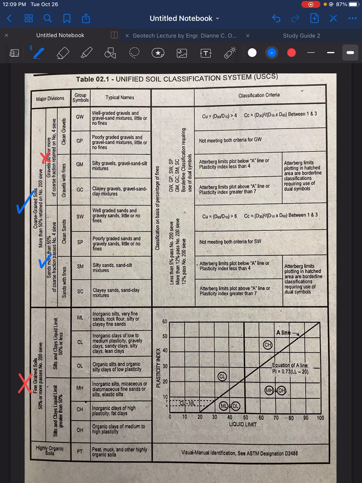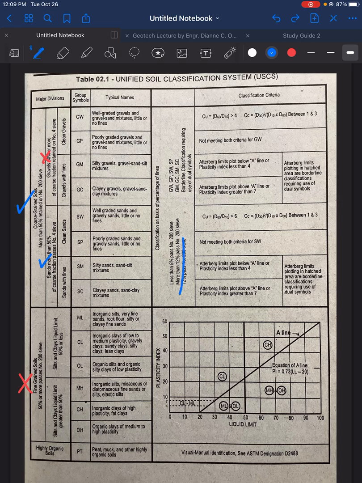Therefore, what's left here is to choose between these four classifications. So we have SW, SP, SM, or SC. Okay, let's go to the next criteria. Concentrate on this portion here. So it says here, if less than 5% passes number 200 sieve, therefore the criteria is either of the four of this.